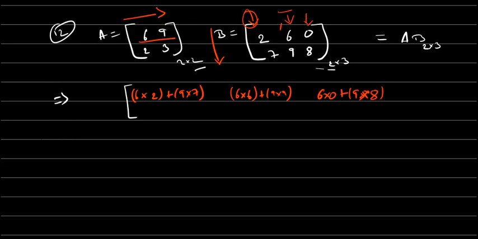Okay, and now we start from the second row: 2 into 2 plus 3 into 7. We completed the first column, now we move to the second column: 2 into 6 plus 3 into 9. The third one is 2 into 0 plus 3 into 8.